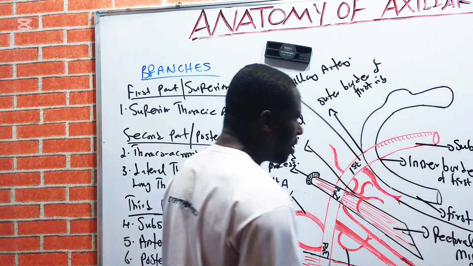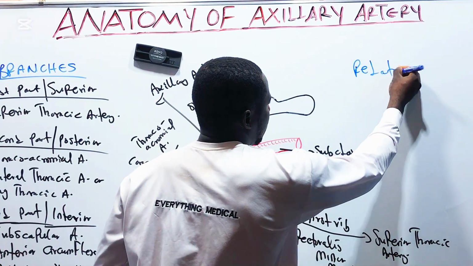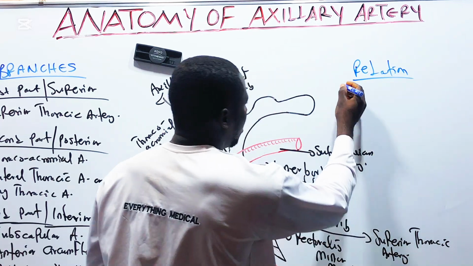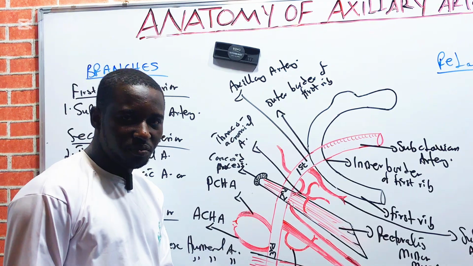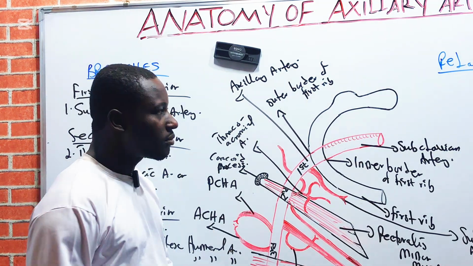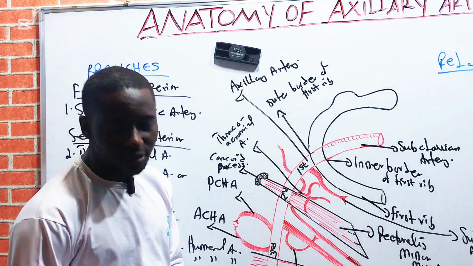Okay, and next is the relation. The relation of the axillary artery is the axillary vein. The axillary vein lies medially along the course of the axillary artery.